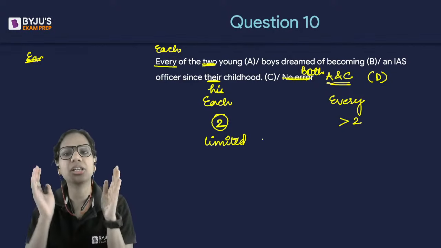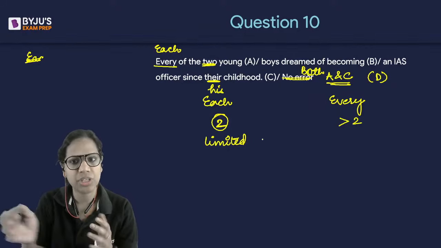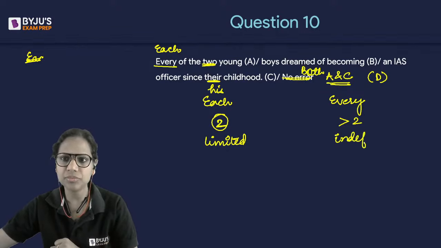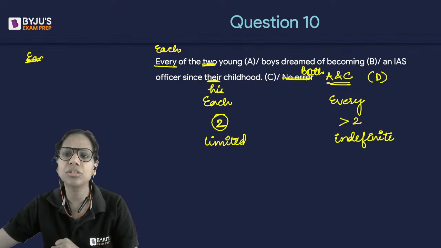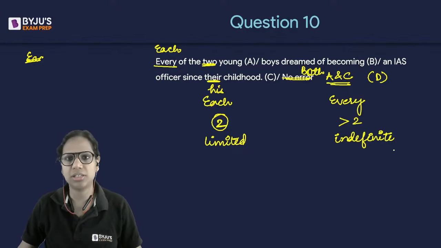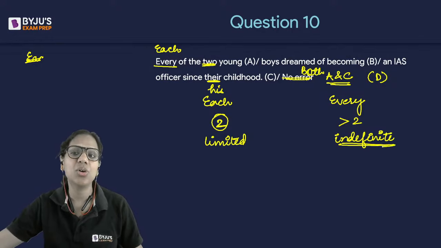So let's say if I know that the class has 50 children, I can say each of the 50 children, right? However, when we do not know the upper limit of our set, then we'll use every child, right? Not each child.